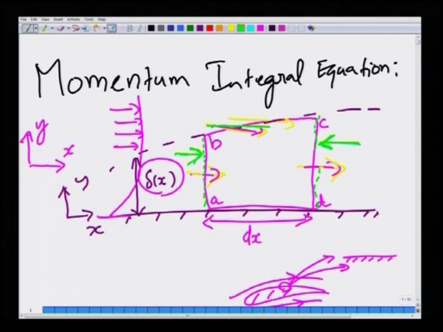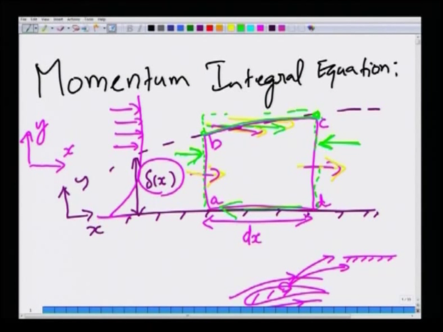And then there are also pressure forces that act on this curved surface, which we will take as the average of the pressure between these two stations multiplied by the projected area. This is something that we are familiar with from fluid statics on how pressure forces act on curved surfaces. Finally, at the surface AD, the viscous shear stress, the viscous drag by the plate on the fluid, will act in the minus x direction.